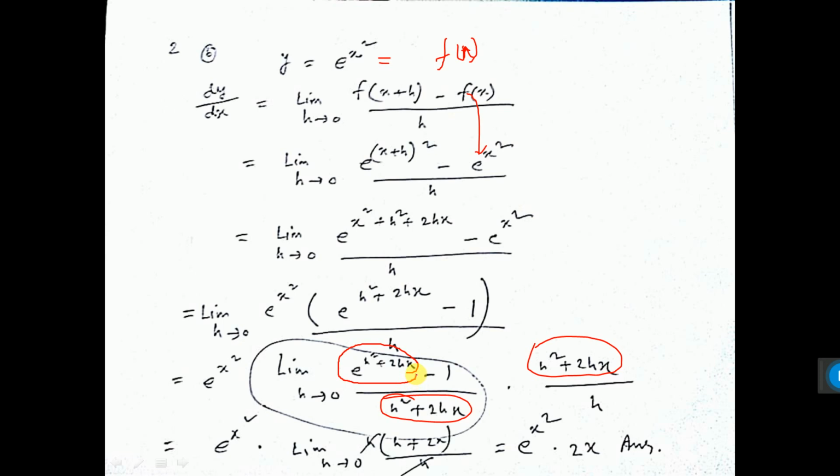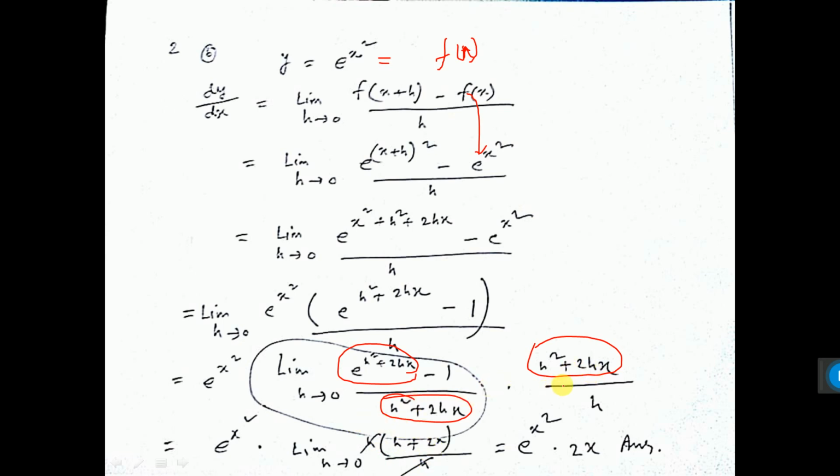If you consider this on y, limit h tends to 0 of (e^y minus 1) by y. If you consider this as y, then a square plus h tends to 0 means y tends to 0. That means limit y tends to 0 of (e^y minus 1) by y, the formula is 1.